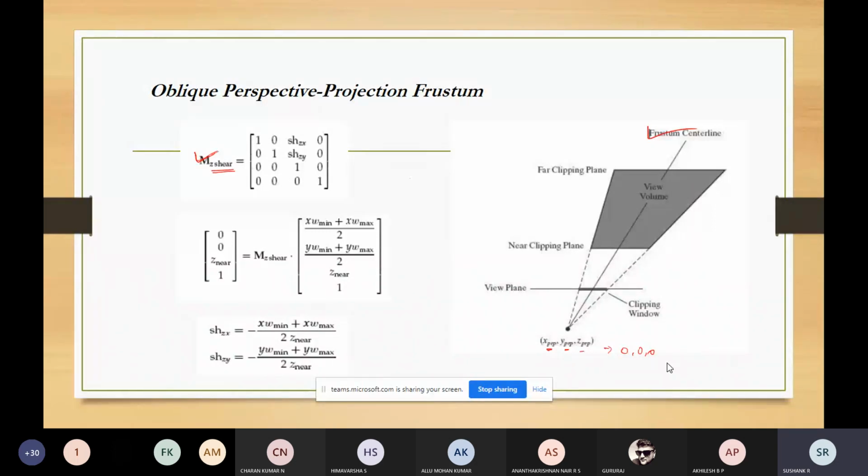The graphics packages will take the projection reference point, this xprp, yprp, and zprp, as 0 0 0. By doing that they will obtain this matrix.